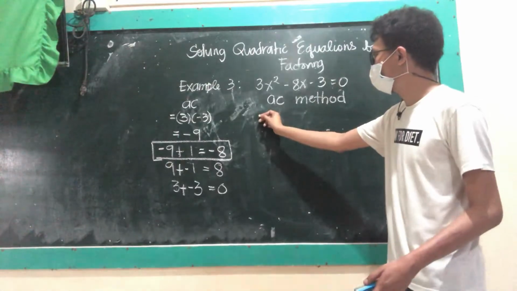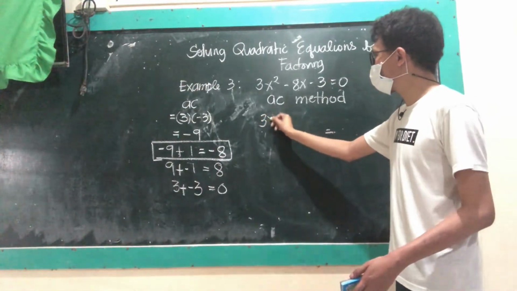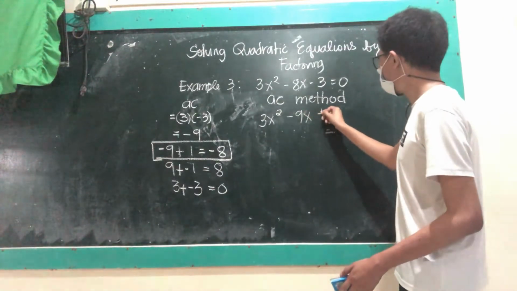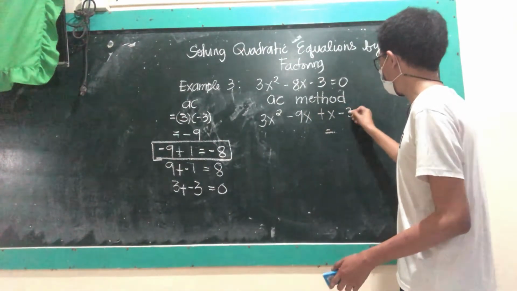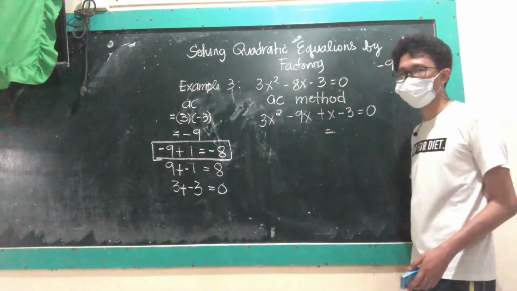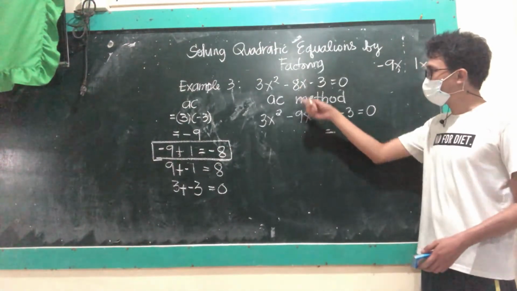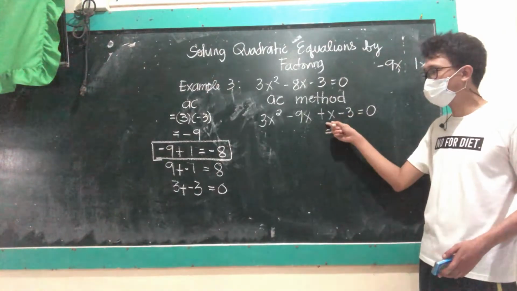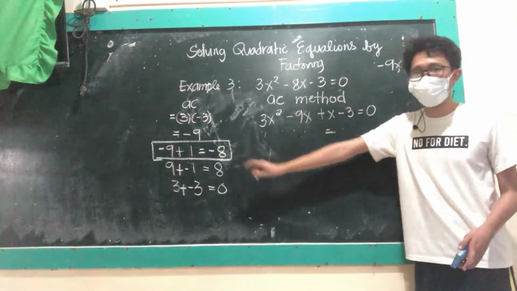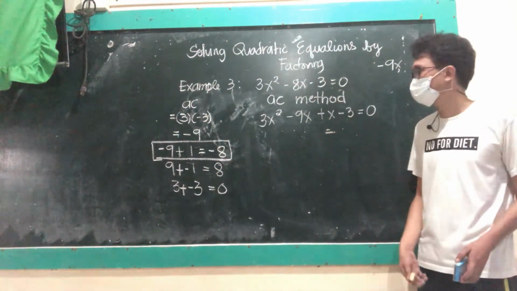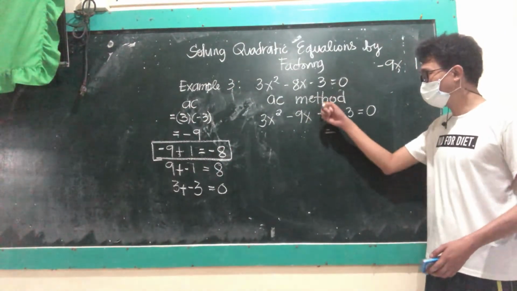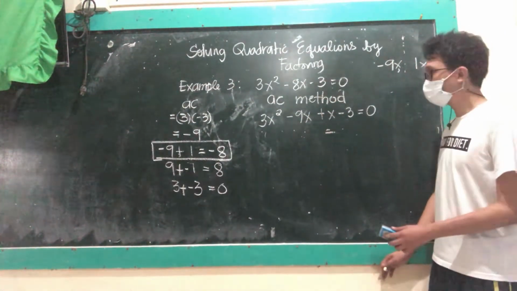So we have 3x squared minus 9x plus x minus 3 is equal to 0. So we separated negative 8x into negative 9x and x, the factors that we got a while ago. Then, we will split the equation into two.